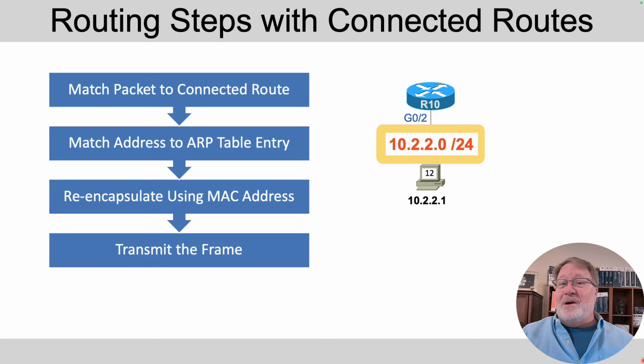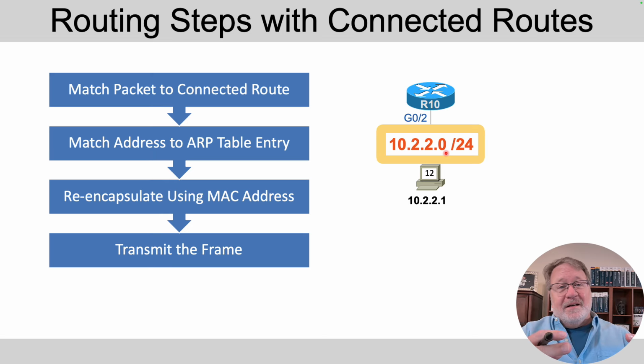This is also a great opportunity to think about how do these connected routes work with the ARP table, or in sequence as it turns out. So imagine this router R10 and a packet arrives and it's destined for PC12's address of 10.221. So what's the logic here on R10? Well, it's going to match the packet to the routing table and it's going to match that connected route for subnet 10.220/24.